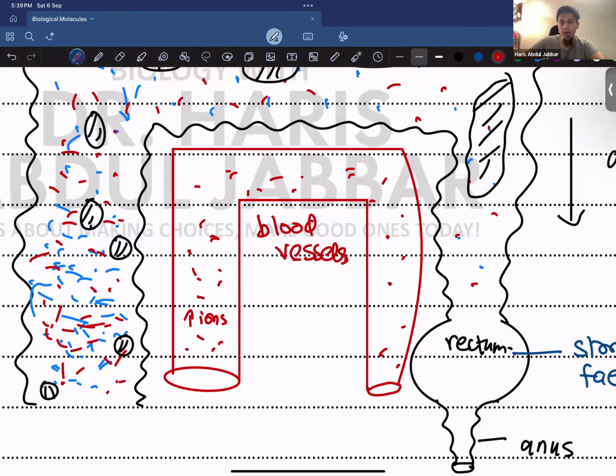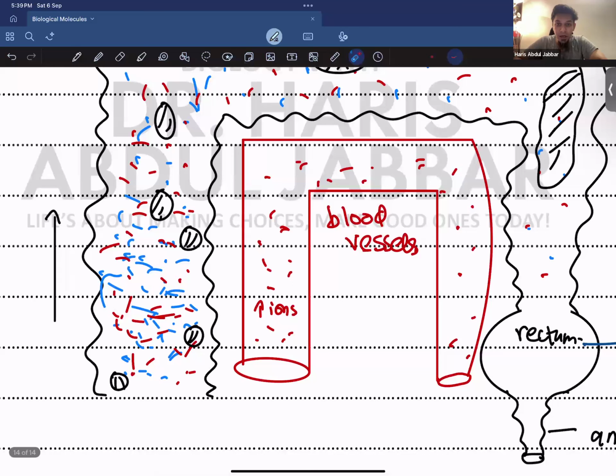These blood vessels they already have a higher concentration of mineral ions, right? तो अगर मेरे पास कंपेयर टू द लार्ज इंटेस्टाइन, अगर ब्लड वेसल्स में आयन की कंसेंट्रेशन ज्यादा हो गई, सो कंपेयर टू द ब्लड वेसल्स, मेरे पास लार्ज इंटेस्टाइन के अंदर आयंस की कंसेंट्रेशन क्या हो जाएगी? कम हो जाएगी। We're making comparison, right? So the blood vessels have a higher concentration of mineral ions, the large intestines are going to have a lower concentration, ठीक है?